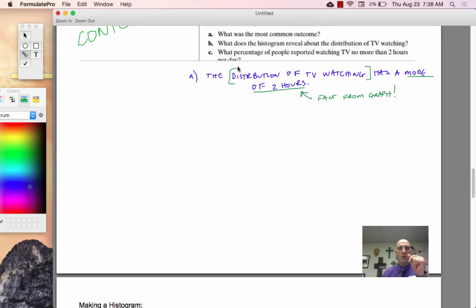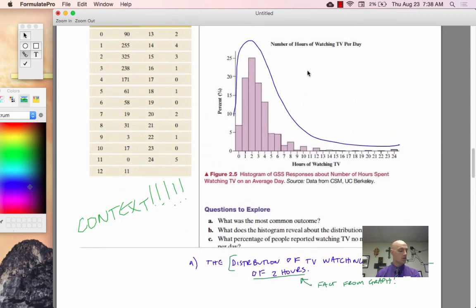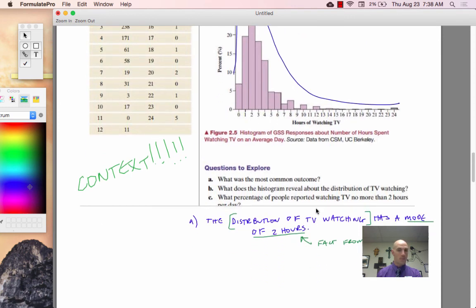When we look at B, what does the histogram reveal about the distribution of TV watching? What we're saying is, what is going on here, right? What is going on in this distribution of TV watching? What does it reveal? Well, kind of like you and I generalized a second ago, there is this skewed right. So you could say something like this.